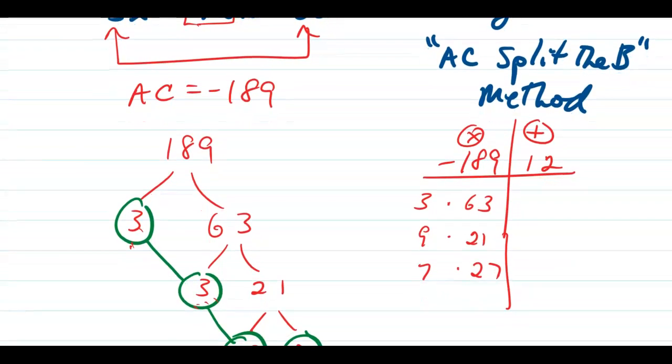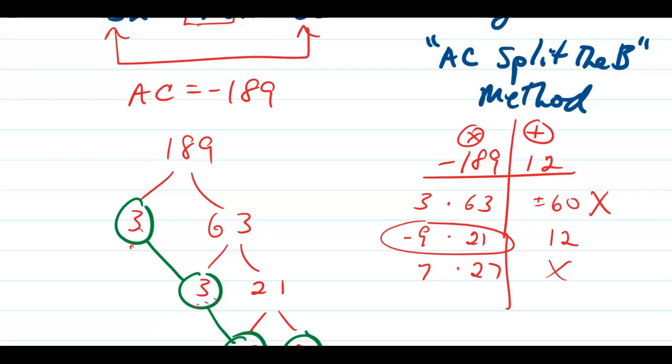Well, if 3 or 63, if either one were negative, we would get a number that's nowhere near 12. In fact, the number would be either plus or minus 60, which is nowhere close. And 21 minus 9, like say we had 21 and negative 9, that's 12. There it is. So the 7 and 27 won't work either.